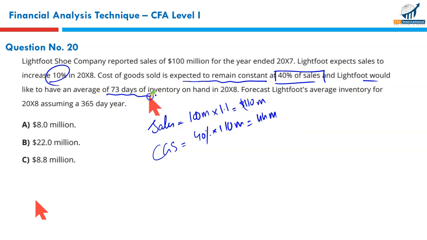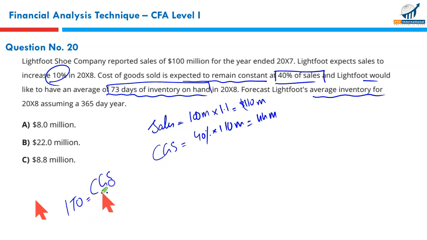If 73 days worth of inventory on hand in 2008, we need to calculate the average inventory for 2008. What we are required to find out is the inventory turnover. We have 73 days of inventory, which means our inventory turns in 73 days in 1 year. So our normal formula for inventory turnover in times is equal to CGS upon your average inventory.